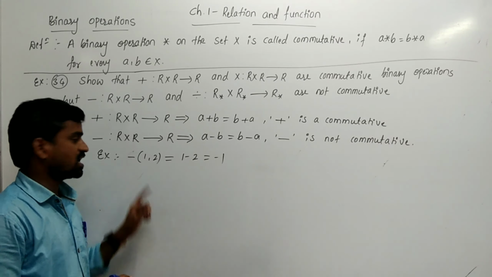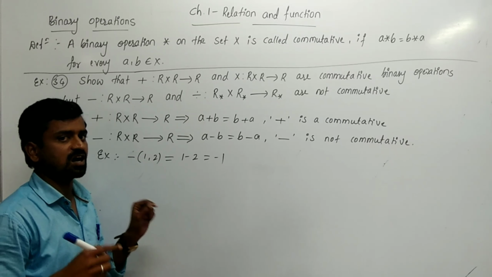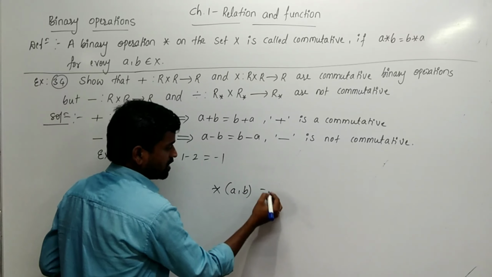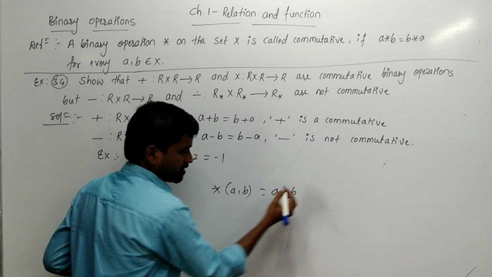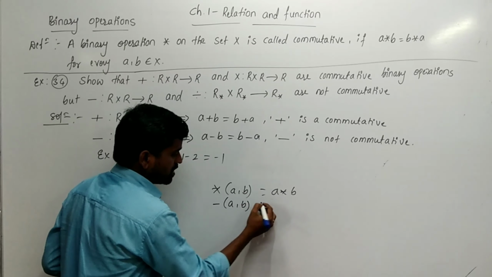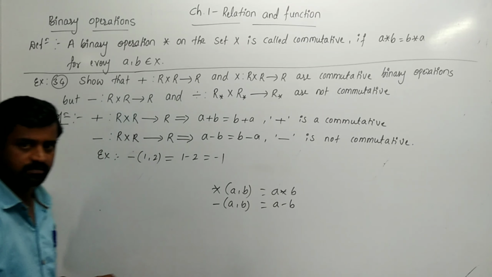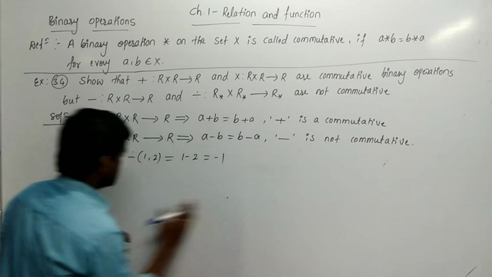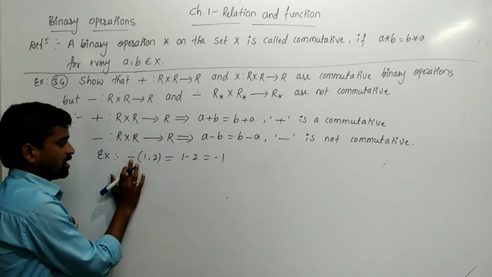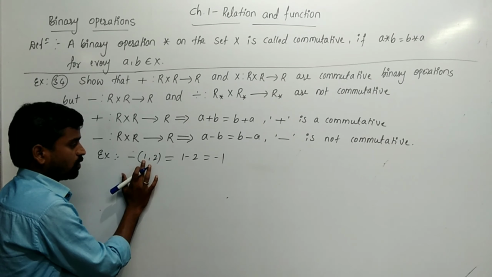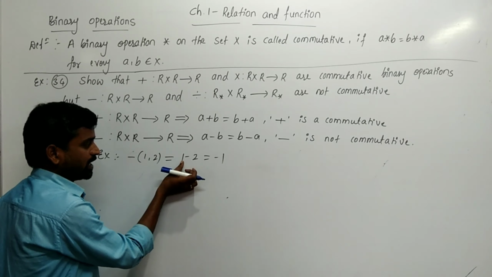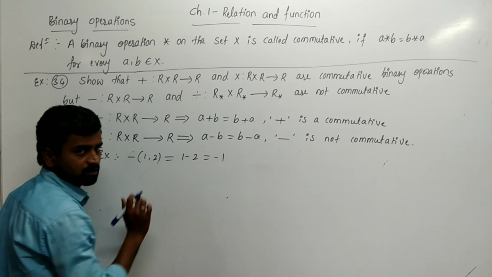Here the star on (A, B) means A star B equals A minus B. Then the same here, the operation of subtraction on (1, 2) gives 1 minus 2 equal to minus 1.